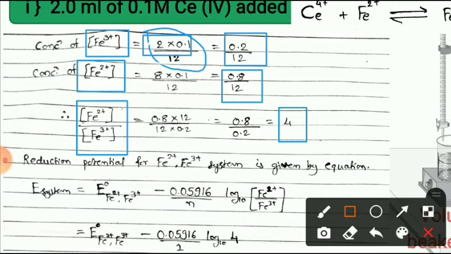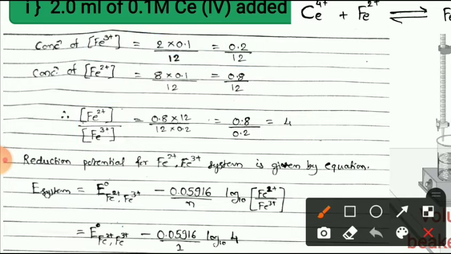Now we will calculate the reduction potential for the Fe2 plus, Fe3 plus system, which is given by the Nernst equation: E system equals the standard potential for the Fe2 plus, Fe3 plus system minus 0.05916 divided by n into log of the concentration of Fe2 plus divided by Fe3 plus.